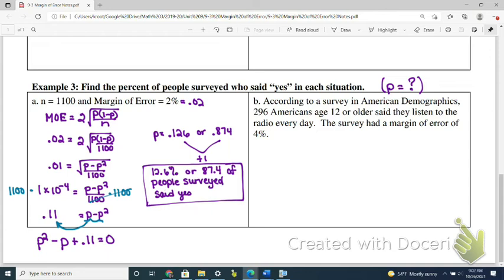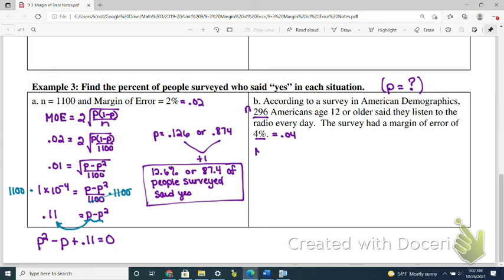So let's go on to the last example. Same kind of thing. According to a survey in American Demographics, 296 Americans age 12 or older said they listen to the radio every day. So that is our n. The survey had a margin of error of 4%. So remember that is 0.04.